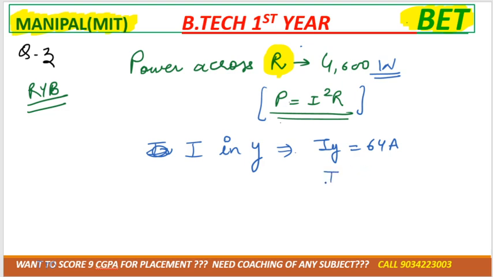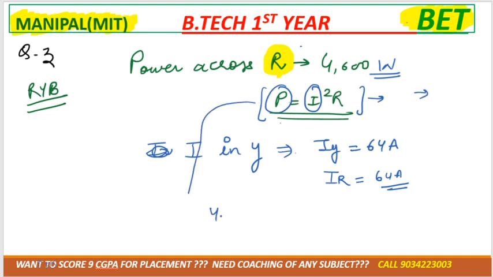So can I say that if it's a balanced load, IR is also equal to 64 ampere, right? So current is given, power is given. Can we get the resistance? Power is 4600, I is 64, I square, and R, your resistance, you can get it.